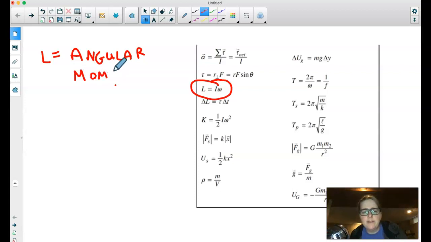And it makes some sense that this could be what's staying constant. Because if L is going to stay constant, when you increase one of these quantities, the other has to decrease to compensate. So when they increased the rotational inertia by dropping that second disc on there, the angular velocity decreased, which kept the angular momentum constant.